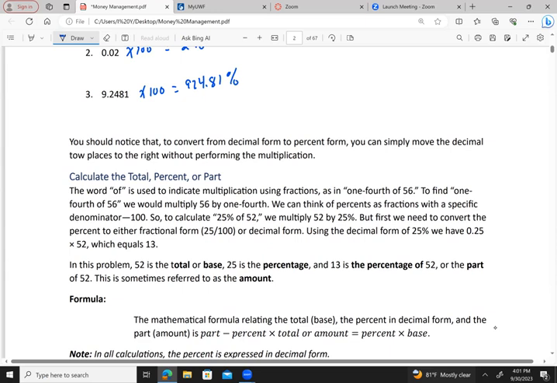So to calculate 25% of 52, we multiply 52 by 25%. But first, we'll need to convert the percent to fractional form, 25 over 100, or decimal form. Use the decimal form of 25%. We have 0.25 times 52, which equals 13.